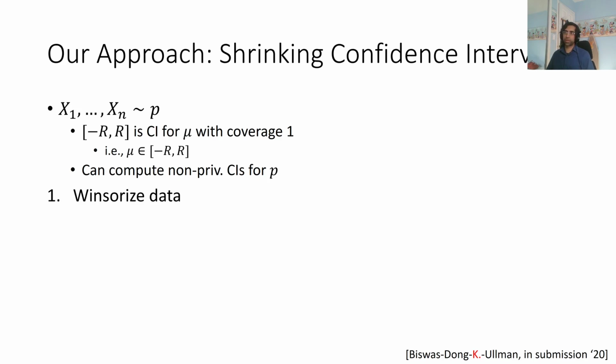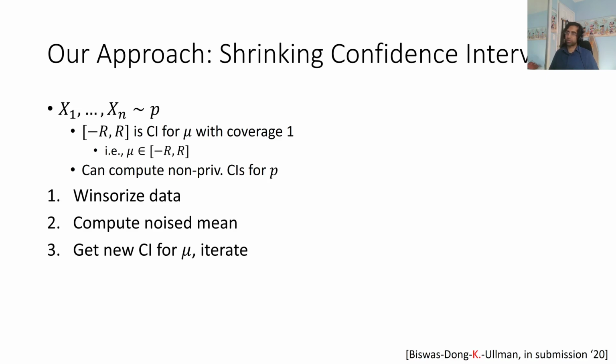The first step is to Winsorize our data, or clip the data set, so that it's not arbitrarily large. We do this based on our prior information, the confidence interval. The next thing we do is we compute a noisy mean. This is done just as we showed before. But the place where we diverge from the previous strategy is in step 3.